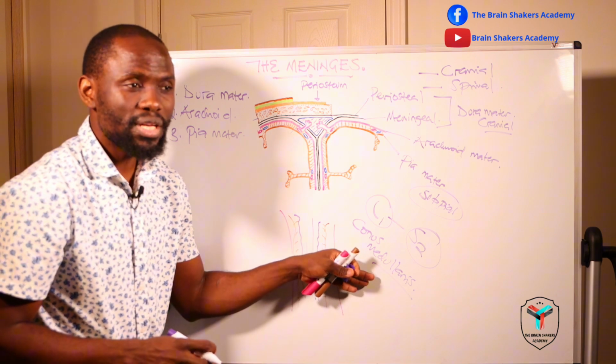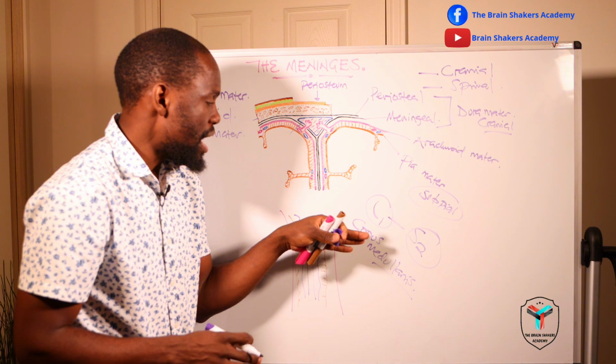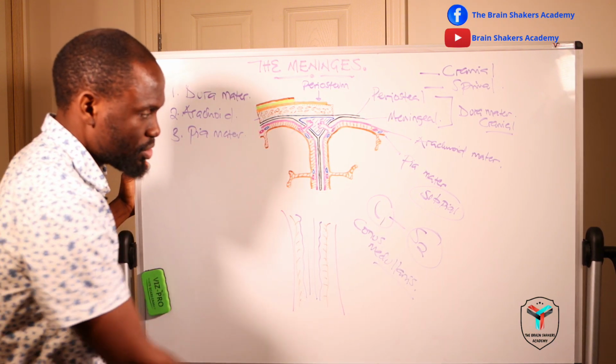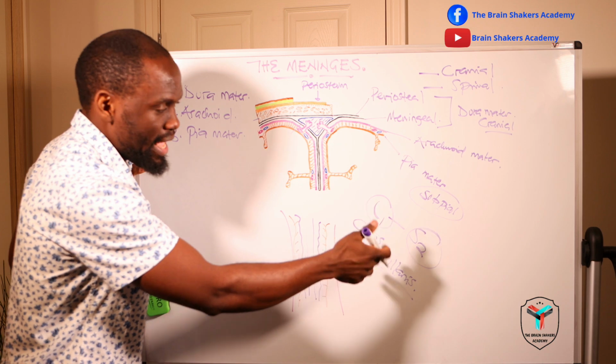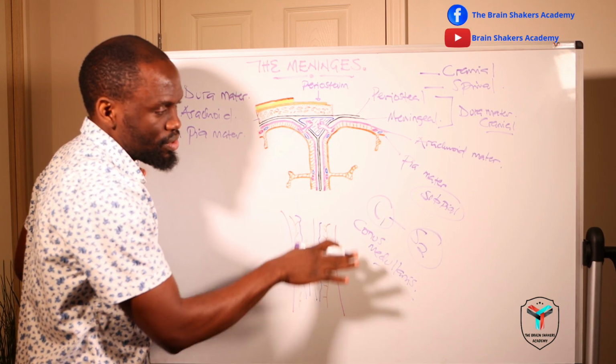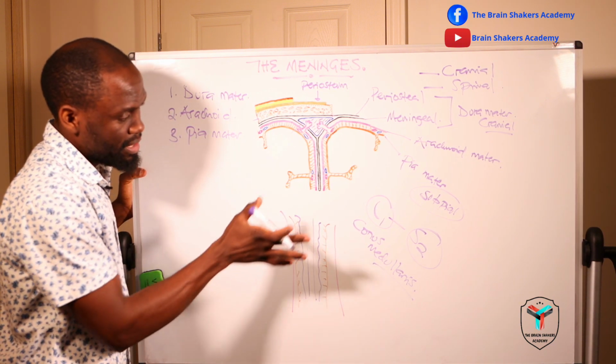It is also an important site for the administration of analgesia, such as epidural anesthesia, because you have nerve roots emanating from that region, and the block is going to happen depending on where the anesthesia has been given.